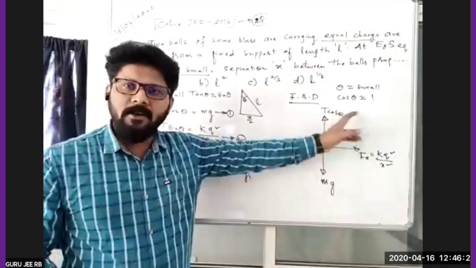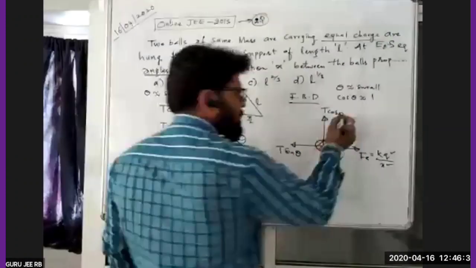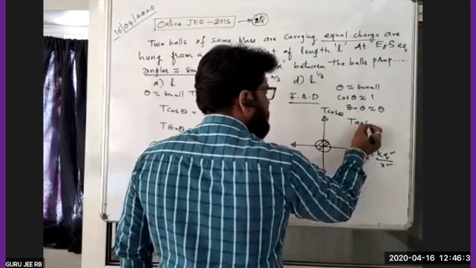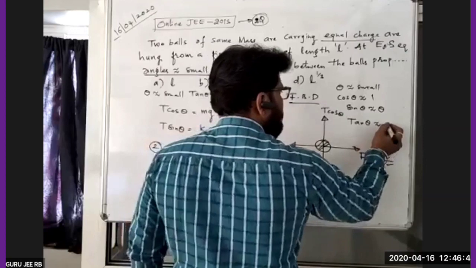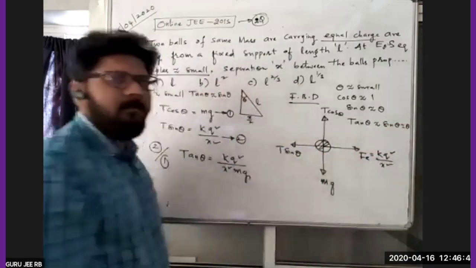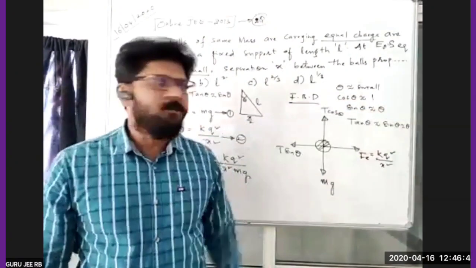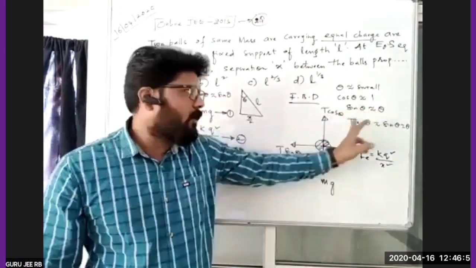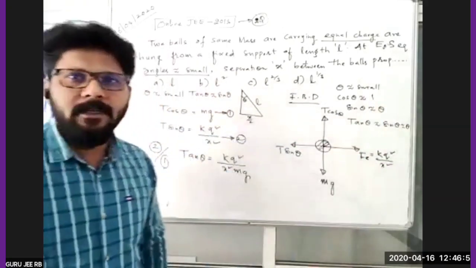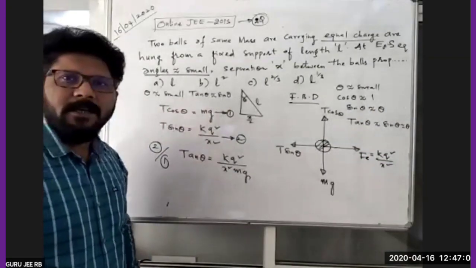Small means tending to 0. Cos 0 is 1. Sin theta is equal to theta. Then tan theta is nothing but sin theta by cos theta, which is equal to sin theta or equal to theta. This is the mathematical approximation when theta is small. That means tan theta can be replaced by sin theta.